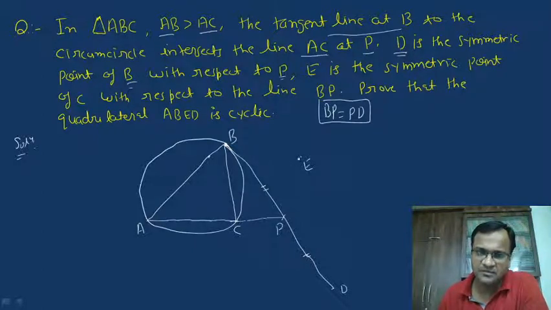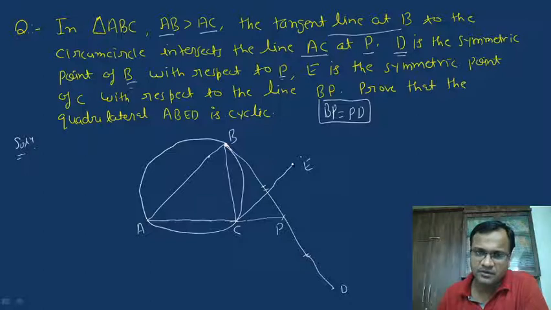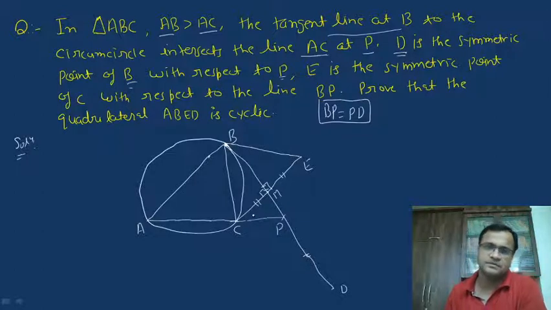BP is the line mirror, and the image of C is E. So we can draw something like that. If this intersection point is M, then CM equals ME, and angle CMB equals angle BME. Both are 90 degrees. So I can draw this one also.